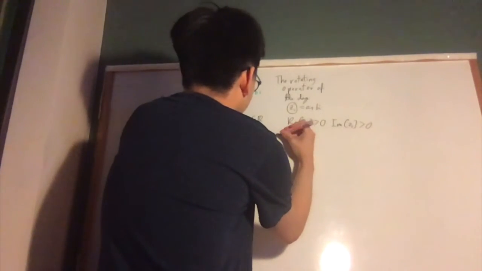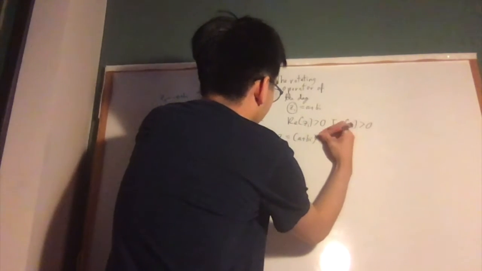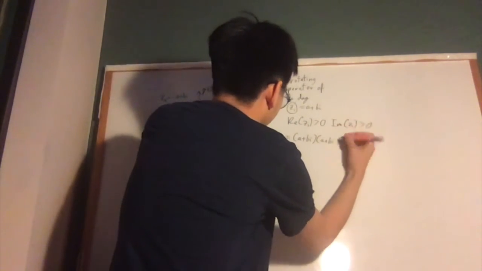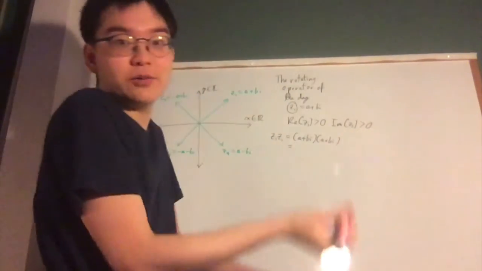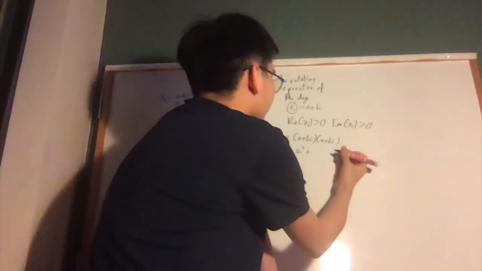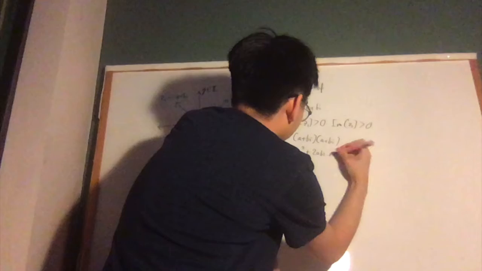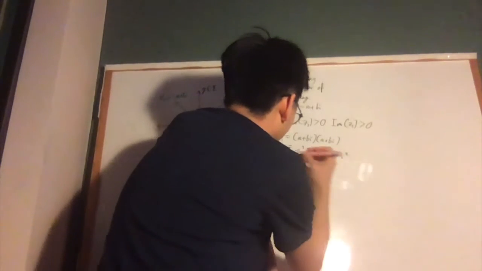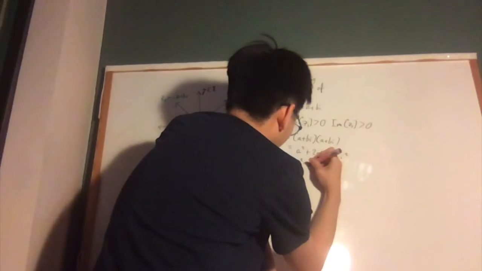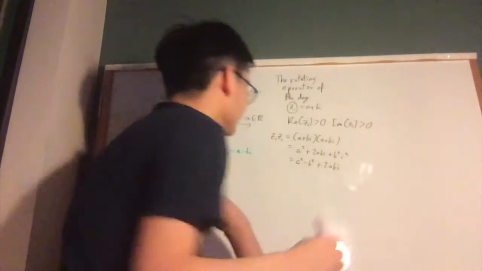So we do z1 times z1, that's just a plus bi times a plus bi. And now we just FOIL. So a squared plus abi plus abi, so we get 2abi. And then we get plus b squared i squared, which simply becomes a squared minus b squared, the difference of two squares, plus 2abi.